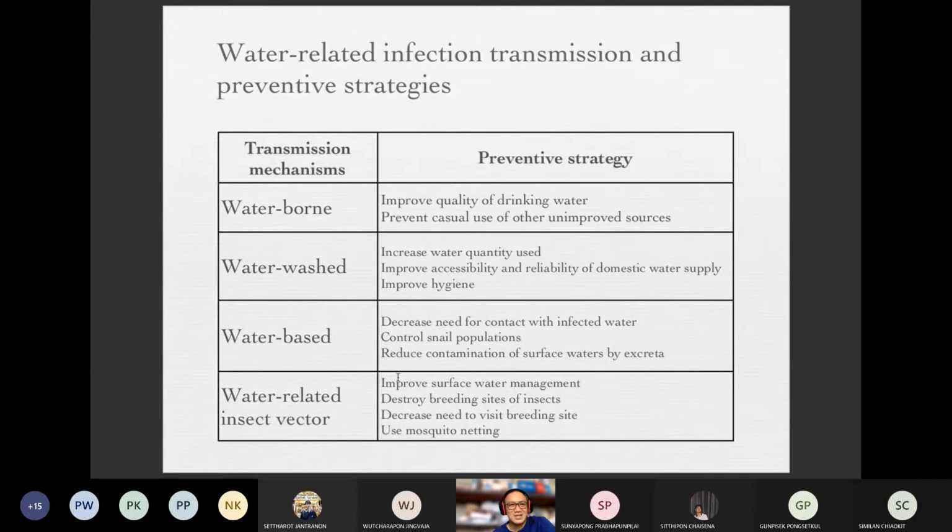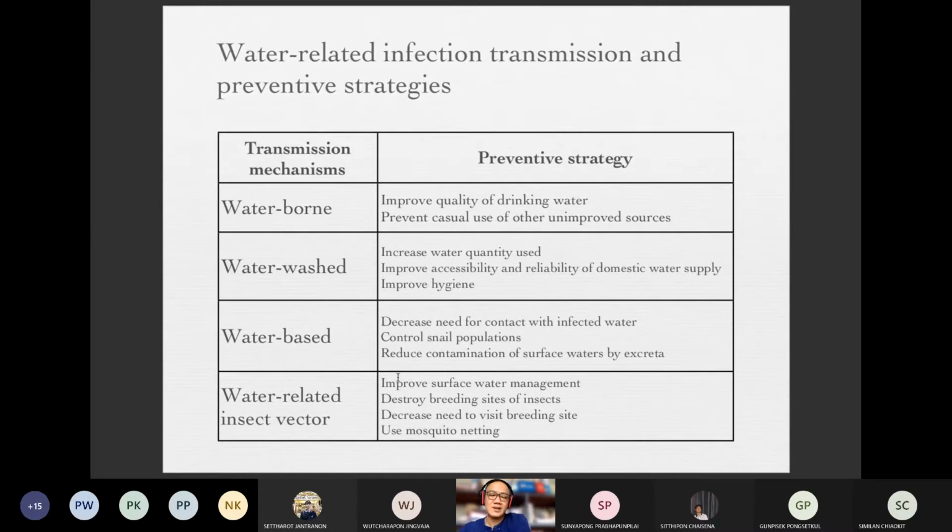Improve the hygiene. For water-based mechanisms, decrease the need for contact with the infected water and control the snail population. Snails, as you may know, mostly live at the top of the bottom sediment. At the sediments, there will be lots of pollutants or contaminants accumulated, including toxic substances.